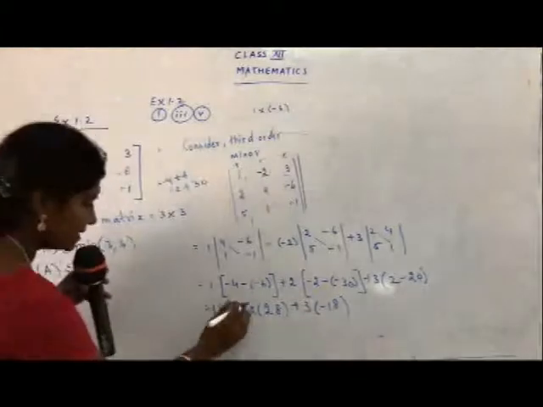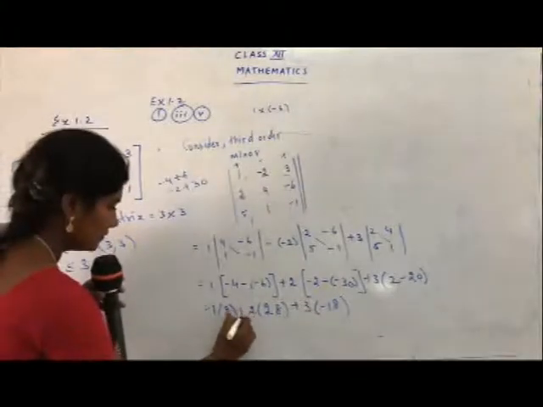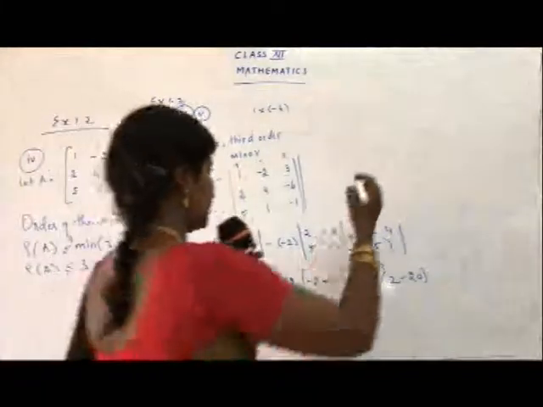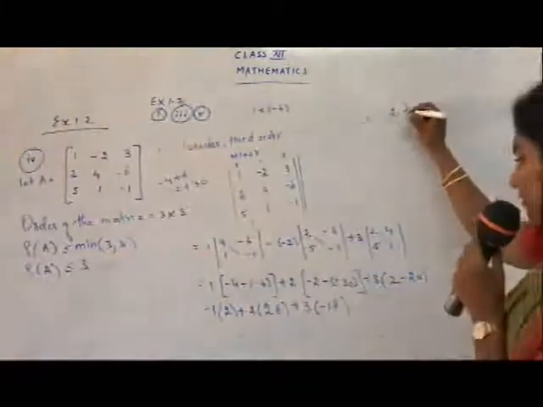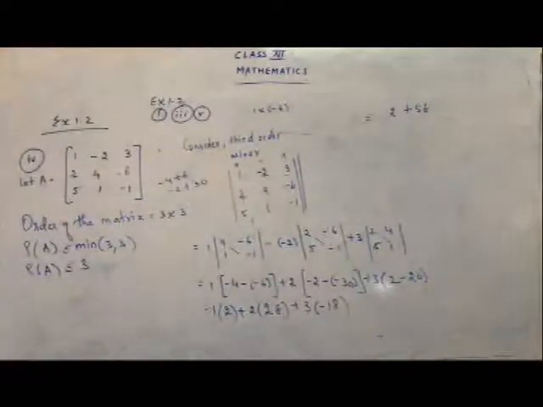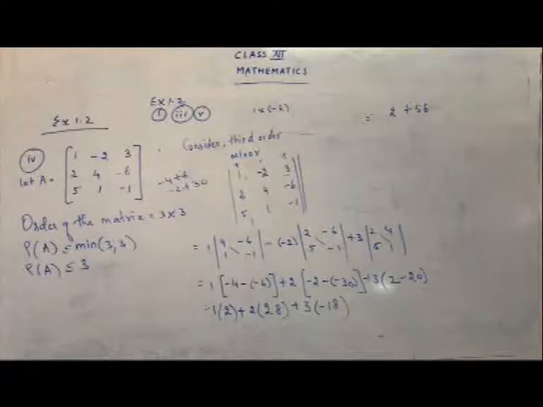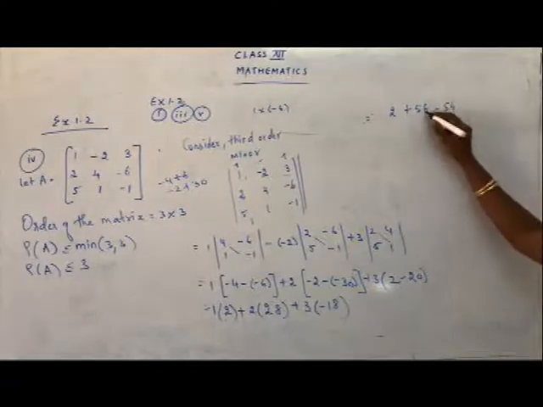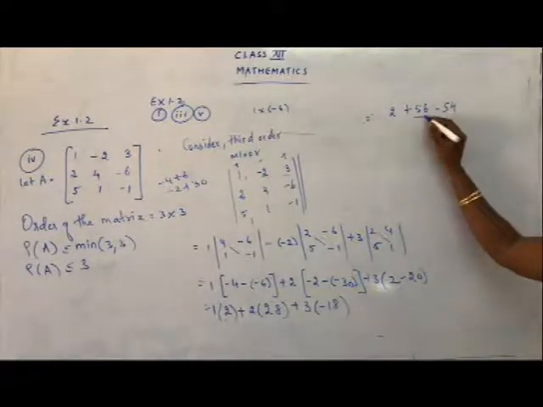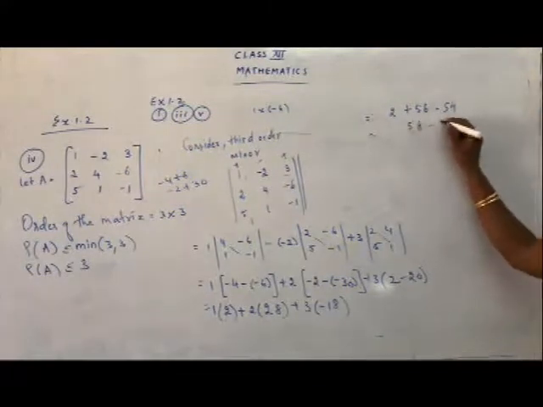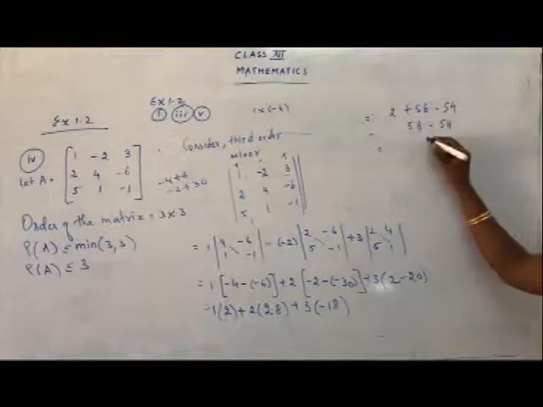What is the sign here? Plus. So what do you get? 2 plus 56, since 28 twos are 56, and 18 threes are 54. 56 minus 54, or you can just add these two, no problem. So we get 58 minus 54, which is equal to 4.